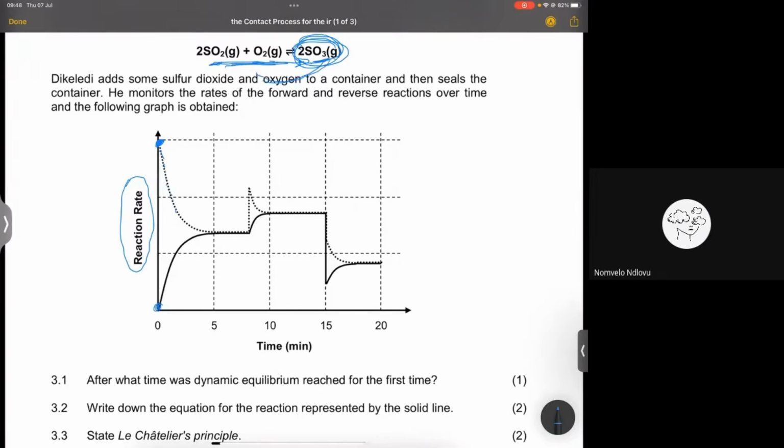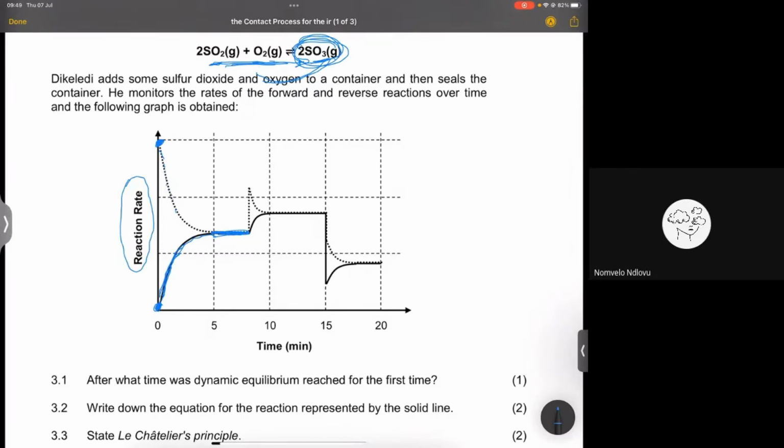You started with nothing, so the reverse reaction was not there, but as you form SO3, the rate of the reverse reaction keeps increasing. And you'll note that the two graphs always come to a point where they meet.